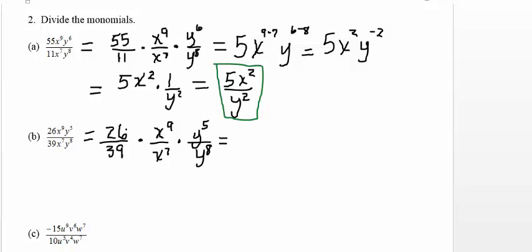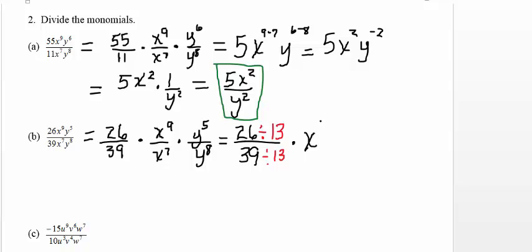Now 26 divided by 39 is going to remain a fraction, but we want all fractions to be reduced. We want to divide the numerator and denominator by the greatest common factor that divides evenly into both, and that would be 13 in this case. So we'll reduce that in our next step. Here we're just showing what we're going to do.